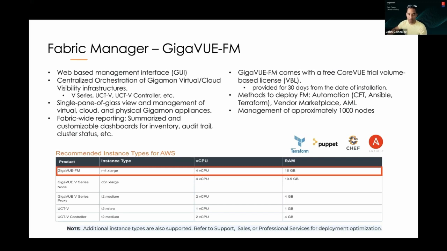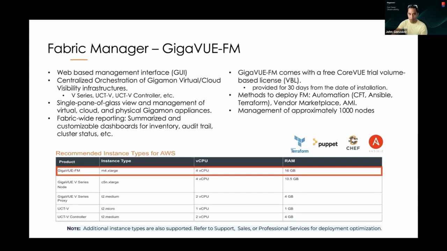If you're looking to discover or manage more than 1,000 nodes, please reach out to your support team, your sales team, or your professional services team member if you're working with one, so that they can give you the correct t-shirt size to select when going through the deployment process of your Fabric Manager. And again, we'll touch a little bit more on that when we get to that portion of the demo.